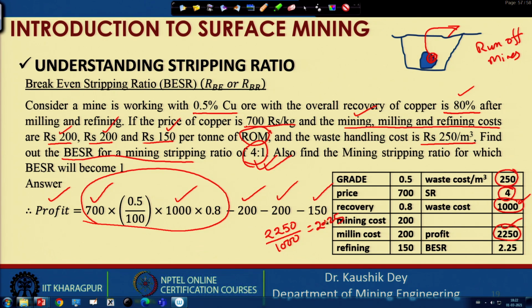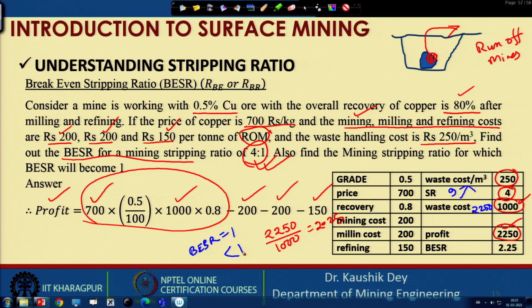But just think, if instead of this mining stripping ratio, the mining stripping ratio becomes 9, in that case this will become 2250, then our BESR, break even stripping ratio, will become 1, and if it is more than 9, then BESR will become less than 1.